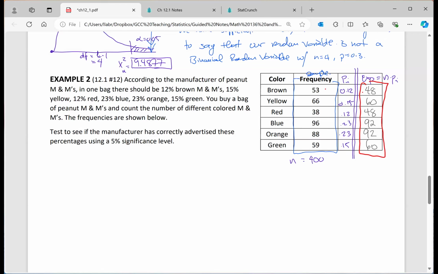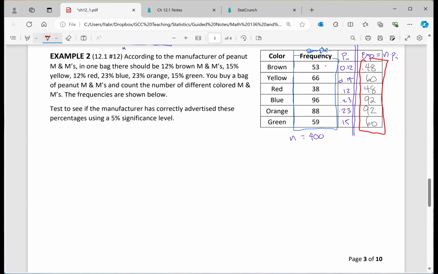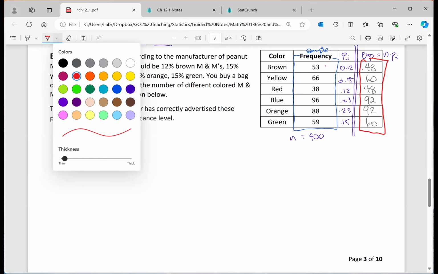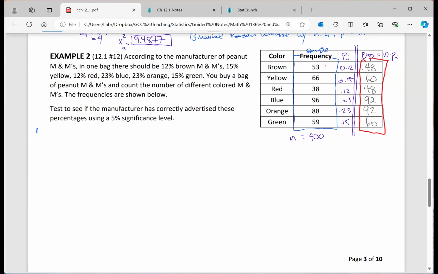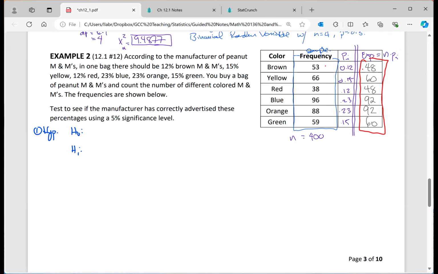So if we go ahead and now do our test, then I wonder what we get. Let's complete this test. We're still missing the hypothesis. So let's run through these motions. Number 1, hypothesis. What is your null hypothesis? What is the alternative? Always just mimic the language that they tell you.